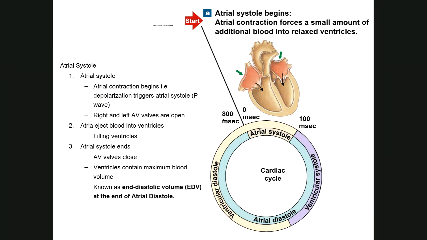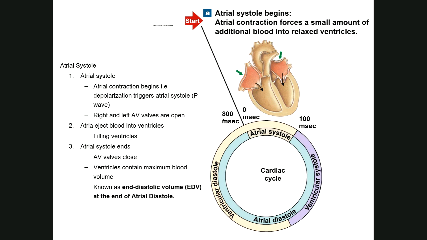But when the atria depolarize, they force the remaining 20% of the additional blood into the relaxed ventricles, filling the ventricles.